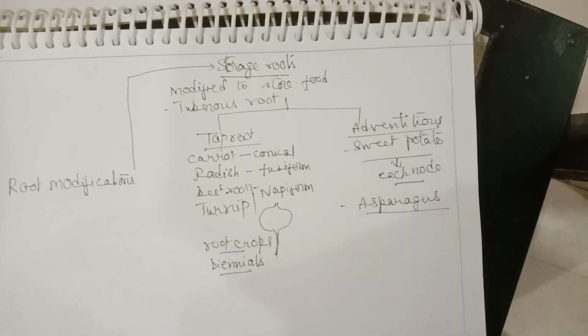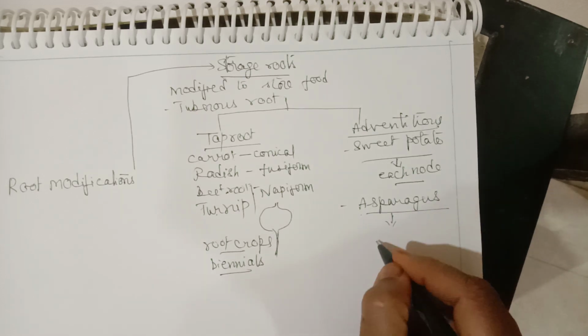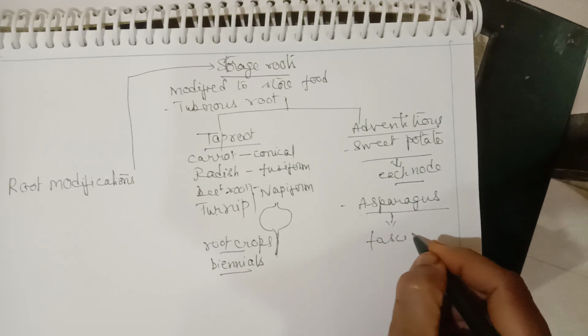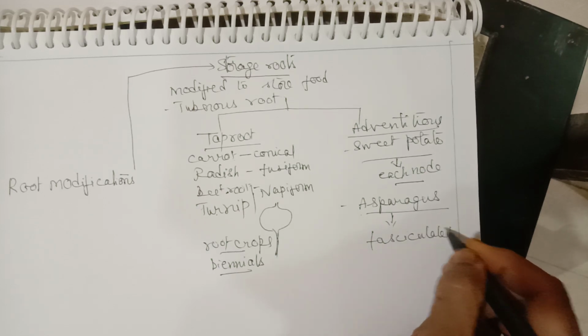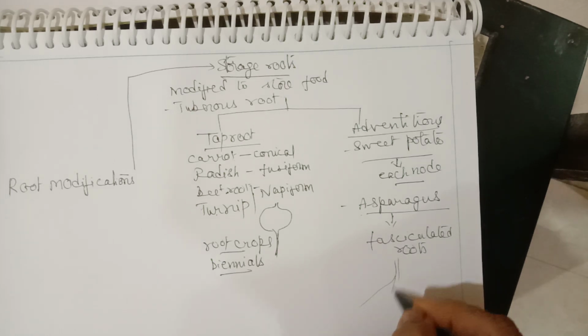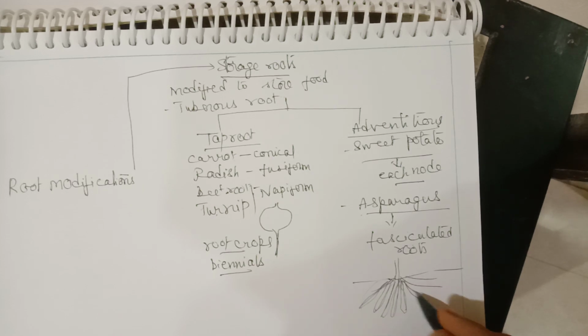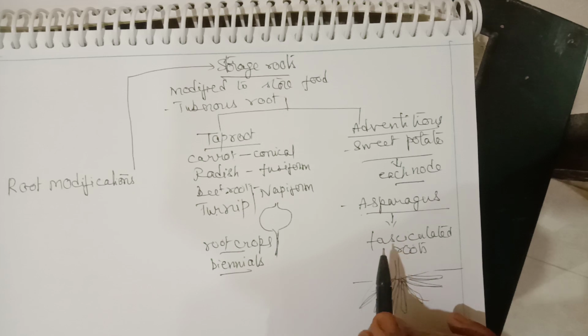Asparagus has a fibrous root system, and here the storage roots are also called fasciculated roots. We know in fibrous roots the thin thread-like roots arise from the base of the stem. When they store food material, they appear as a cluster. This cluster of storage roots or tuberous roots is called fasciculated roots.